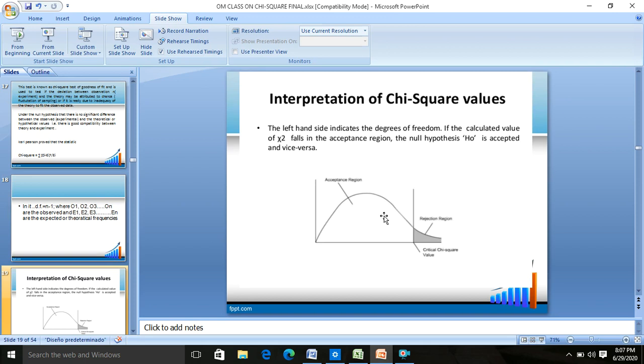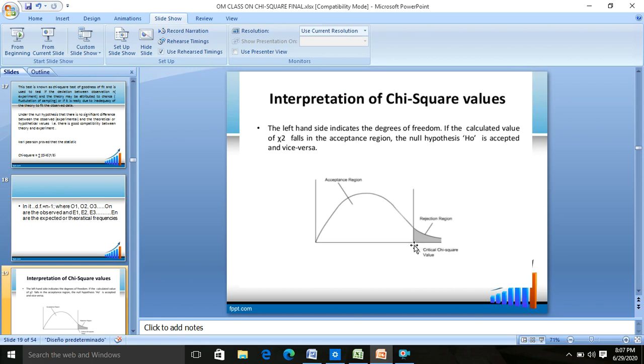Now, what is the interpretation of the chi-square value? Once you have calculated the chi-square value, the calculated chi-square value is compared with the tabulated chi-square value at n minus 1 degree of freedom at alpha level of significance. In veterinary research, we generally have two levels of significance, alpha 0.01 and 0.05.